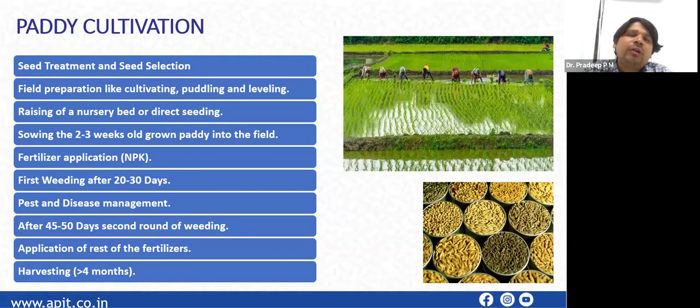There are a few advantages of the broadcasting method, and there are advantages with the nursery method. The major advantage with broadcasting is that if the person is expert in it, you can have the maximum area covered. Whereas if the person is not skilled in the art, you may lose the yield.